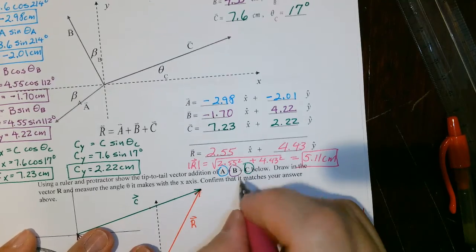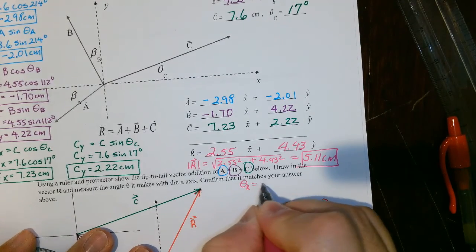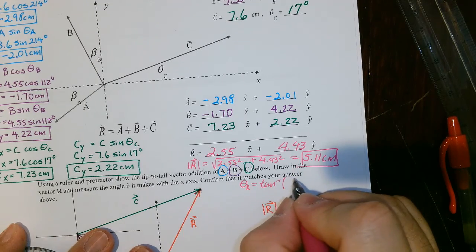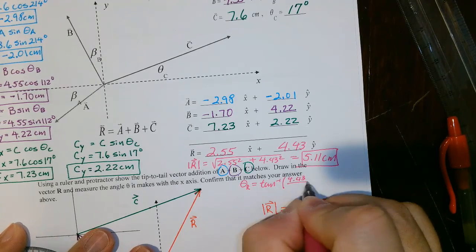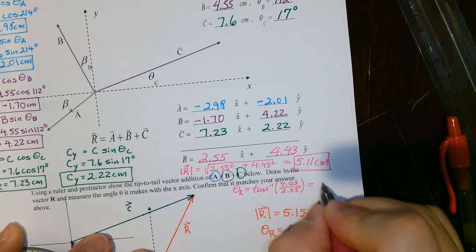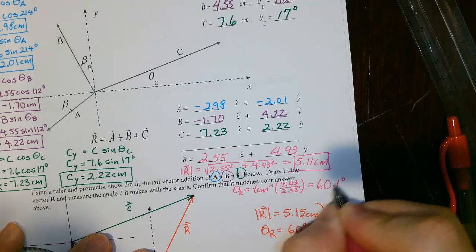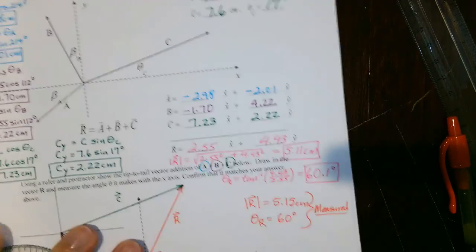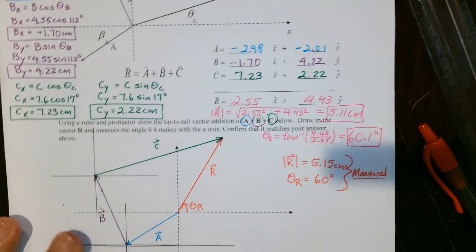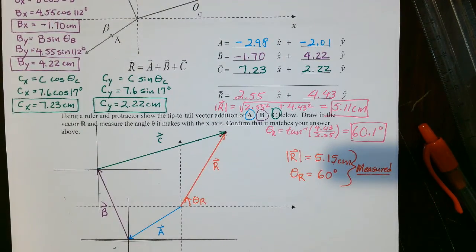And the theta r is equal to tan inverse of 4.43 over 2.55, and that comes out to 60.1 degrees, which is again pretty darn good. That's a pretty good drawing that we did, or at least I did. Anyway, any questions? So I will leave it up here for a while, okay?